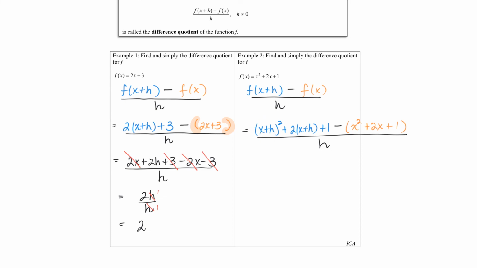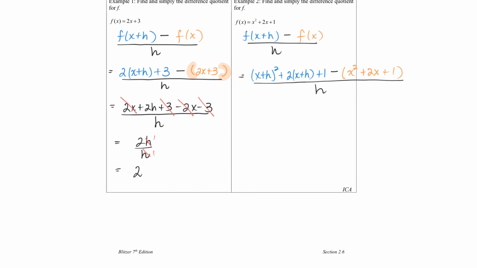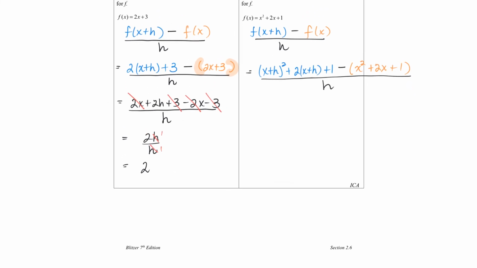And I need to be careful with this expression particularly because it's x plus h quantity squared, right? And let's just take a minute to review how that should be done. X plus h quantity squared is x plus h times x plus h. So when I distribute, I'm going to get x squared plus xh plus hx, or xh, plus h squared.